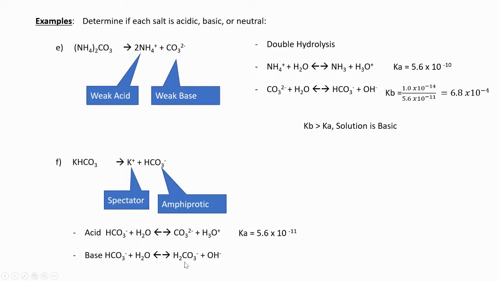All right, so it's going to be a little bit different. So it's going to be 1.0 times 10 to negative 14. That's our Kw, and our Ka is 4.3 times 10 to negative 7. All right, so we can see Kb is greater than Ka, so it's going to be a basic solution.